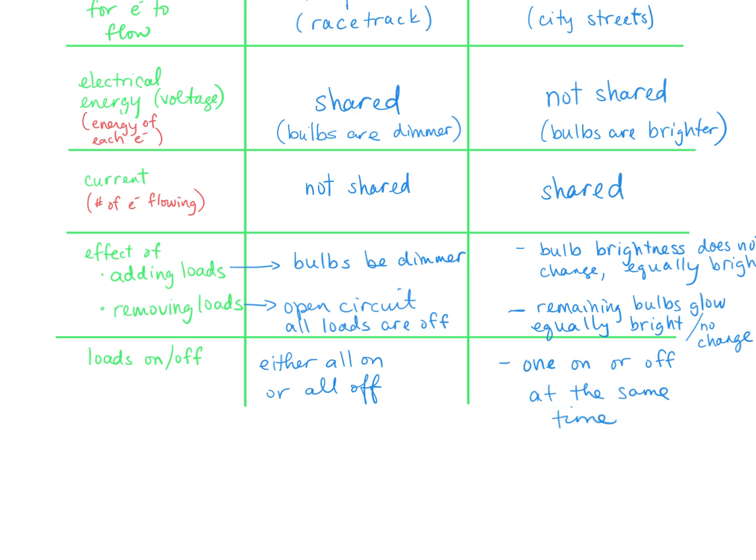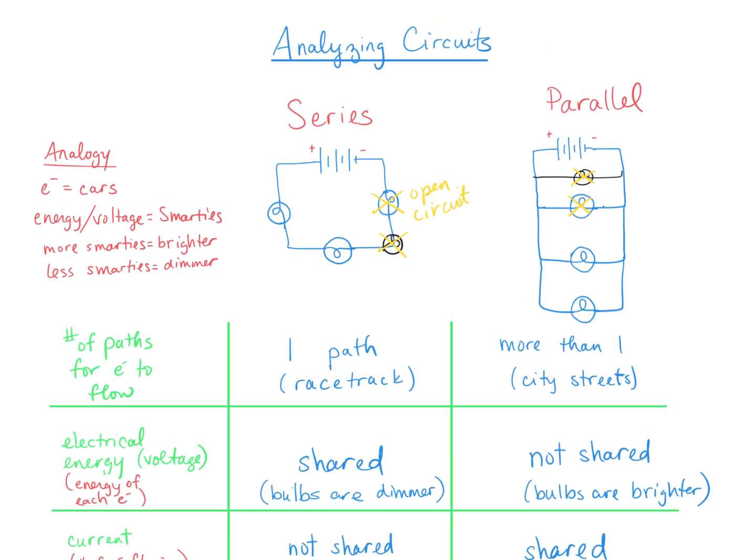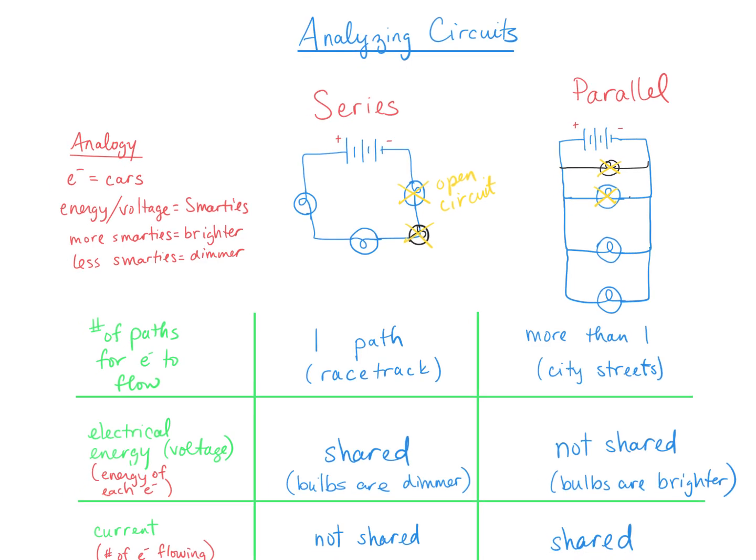Okay, so hopefully this has given you a good understanding of how we analyze series and parallel circuits. It's not easy. I encourage you to build your understanding by thinking about the electrons as being cars and the energy of those electrons as being the Smarties that are in the car.